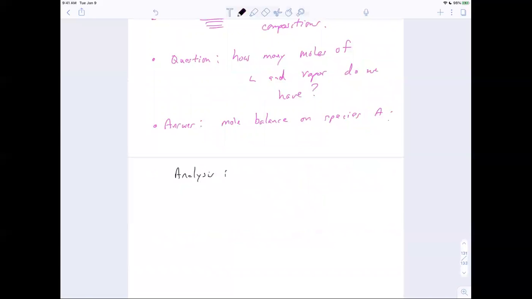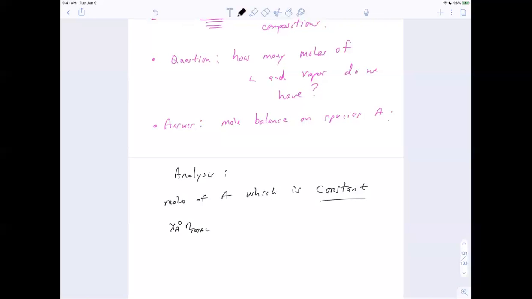So we're starting with N total. Our moles of A is a constant, because in this case we haven't said anything about chemical reaction. So the number of moles of A has to be a constant. Initially we had X_A naught times N total.